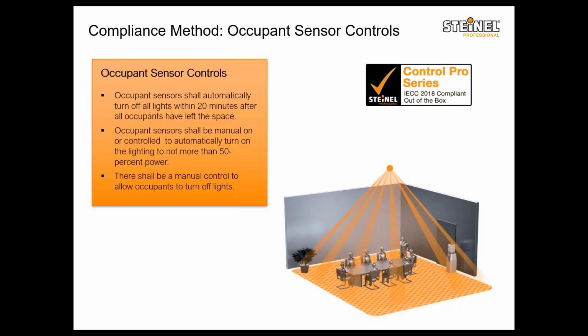So this is quite straightforward, same as before, nothing new here. And then there shall be a manual control to allow occupants to turn off the lights. Again, this was part of the requirement before as well, and nothing new has been introduced here. So really the main thing in this section is that the time delay has been reduced from 30 to 20 minutes.